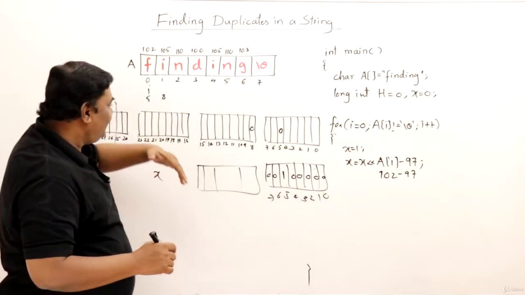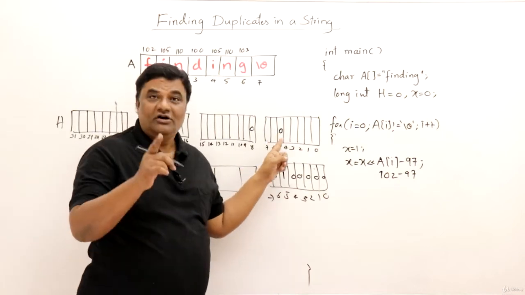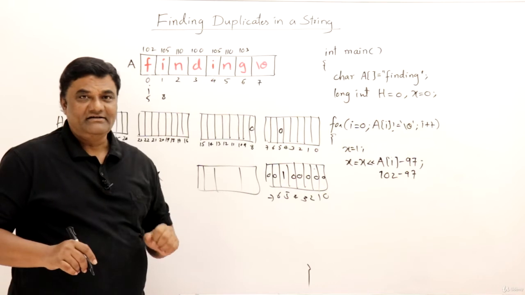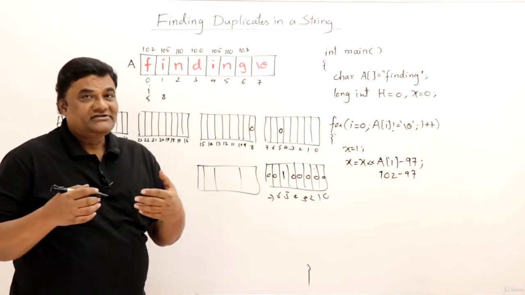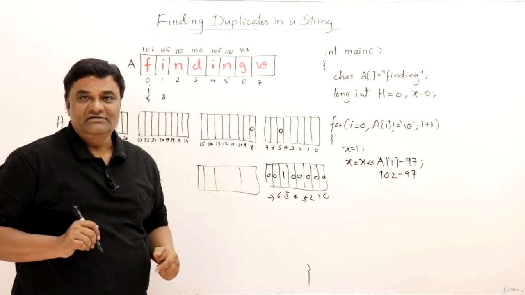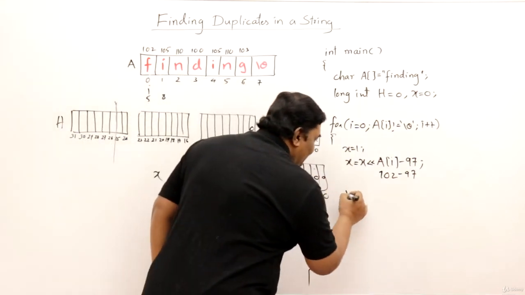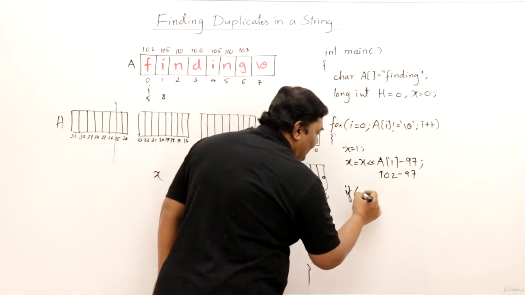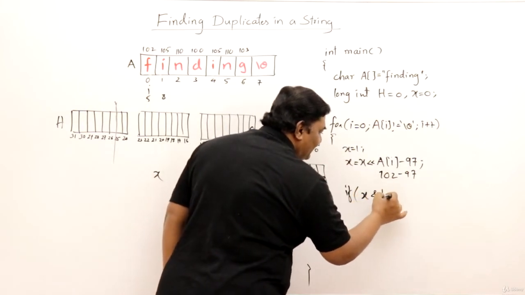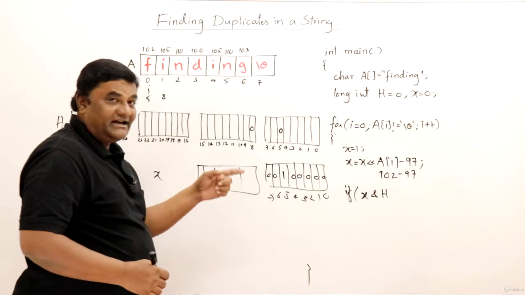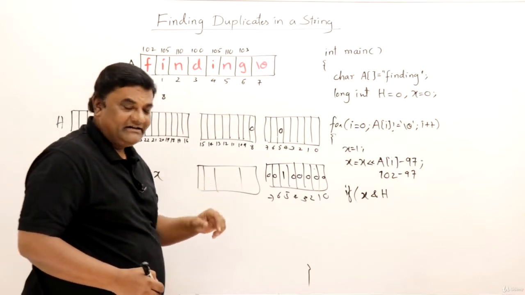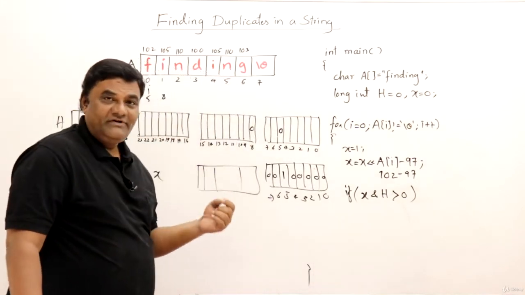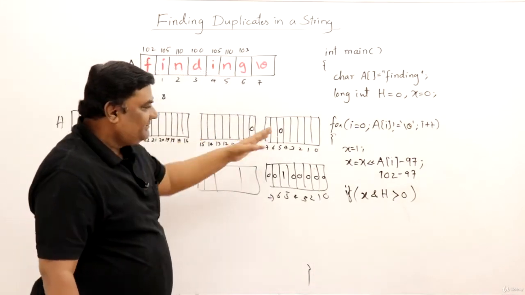Now check inside h whether that bit is on or not. If it is already on, it means it's a duplicate letter, it is already there. If it is off, then set it on. How to check whether this is on or not? By masking: x AND h. If the result of ANDing is greater than 0, meaning we got some non-zero value, then the bit is on; if it is off, we get 0.